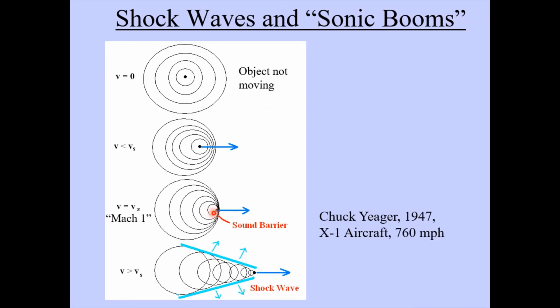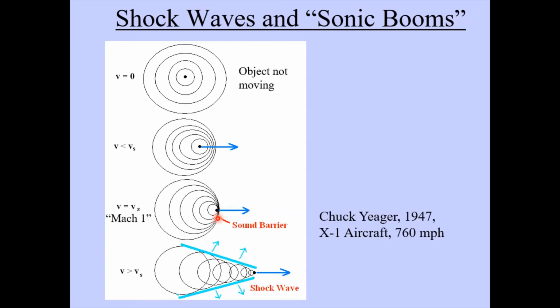And what happens now is the object that's producing sound is traveling as fast as the sound is trying to leave the object. So the sound waves are all piled up on top of each other, and this is called the sound barrier. It's a region of high pressure due to all of these sound waves just stacking up on top of each other.